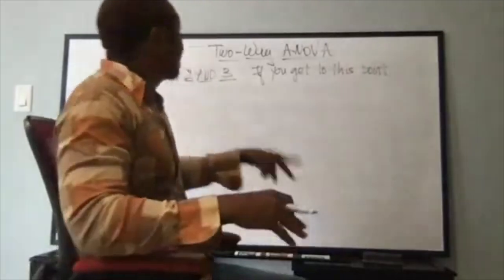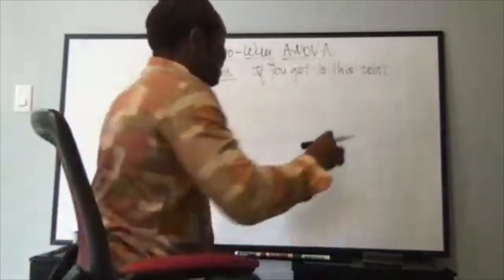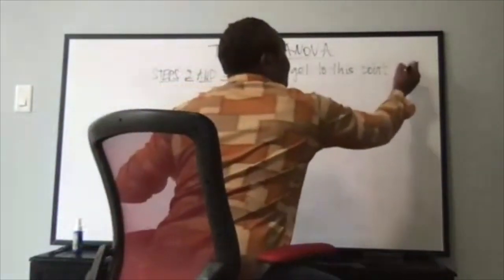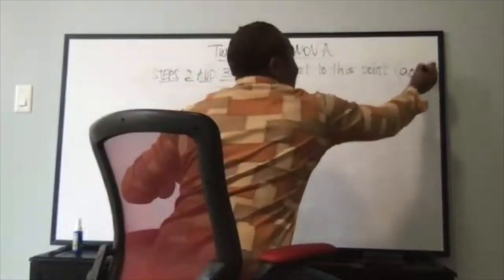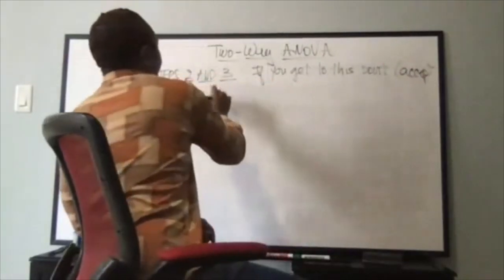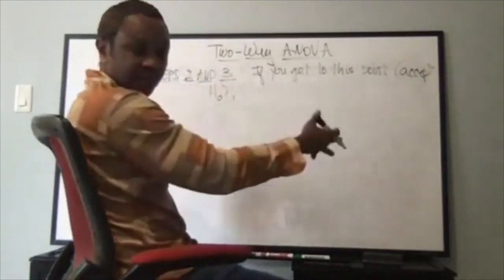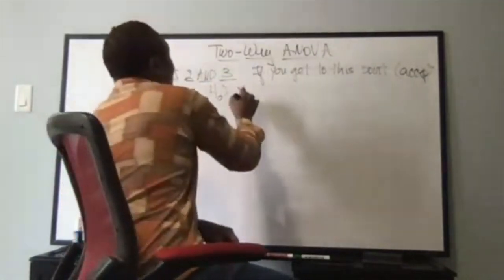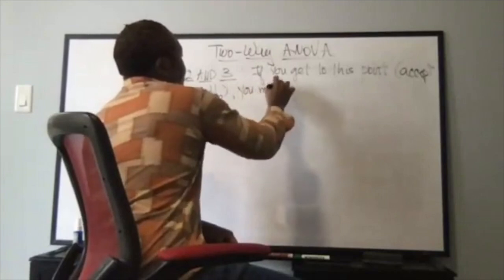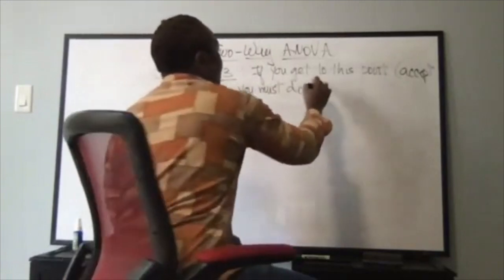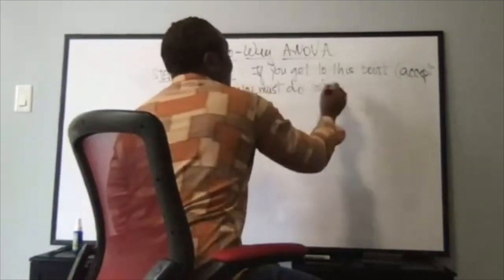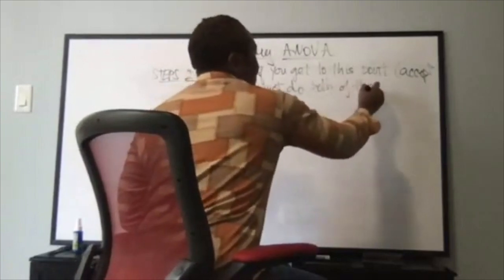So if you get to this point, and let me say in parentheses, accept H sub 0, because that's the only way you can get to this point, you must do both of these steps.